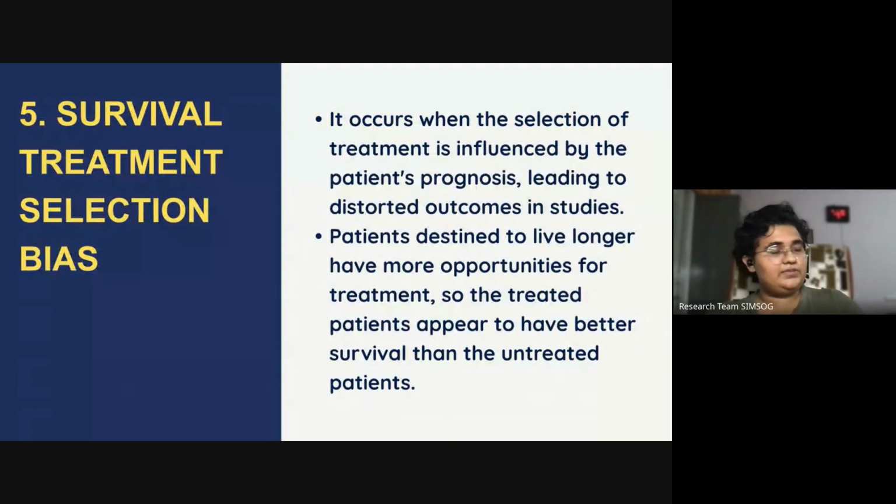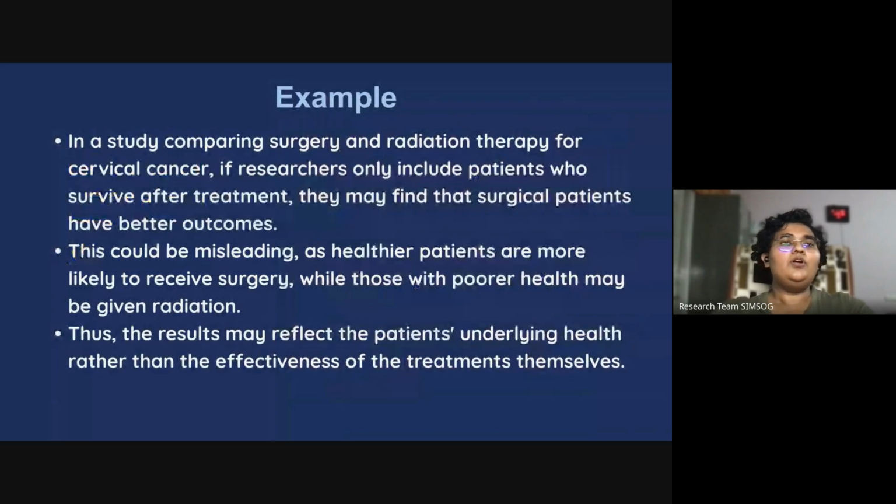Let us try to understand this with the help of an example. Let's say I'm conducting a study comparing surgery and radiation therapy, both as a treatment for cervical cancer. If I only include patients who survive after the treatment, I may find that surgical patients have better outcomes. But this could be misleading, because if we base our treatment on prognosis, healthier patients are more likely to get surgery as a treatment.